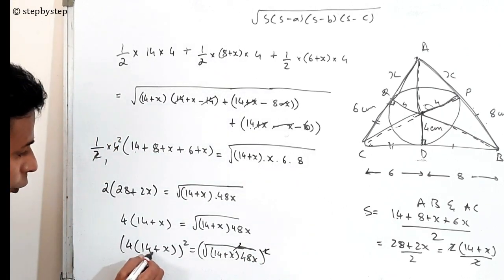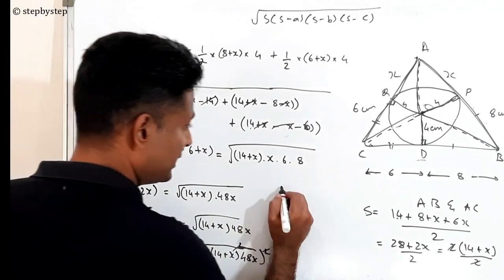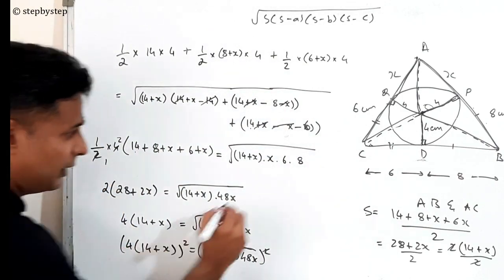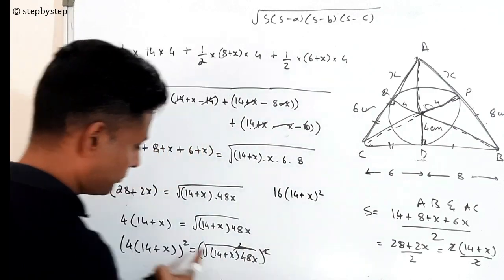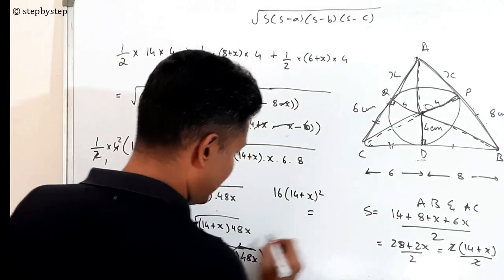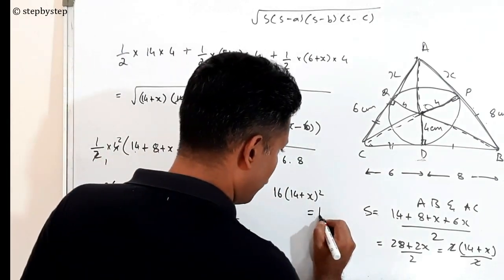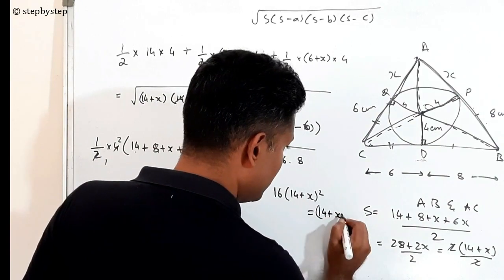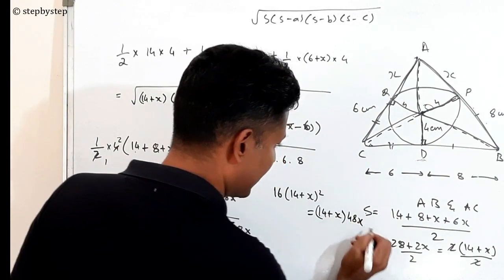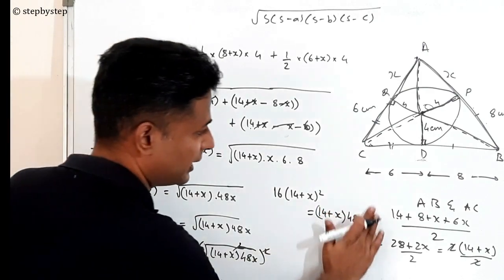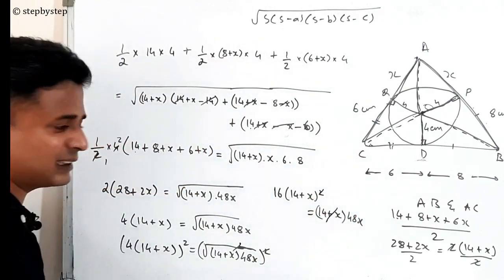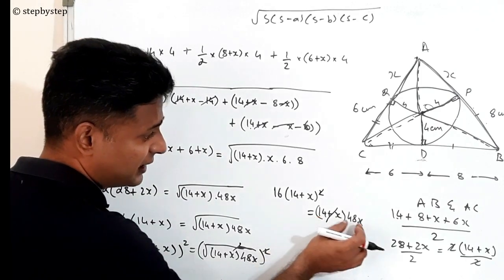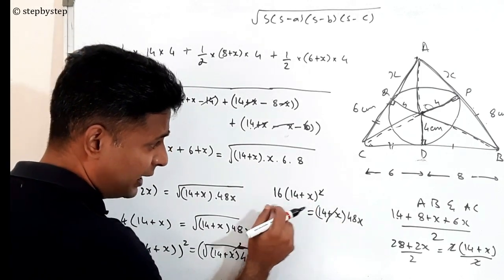Here I get 4 into (14 plus x) whole square, which is 4 square, that is 16 into (14 plus x) square, equal to (14 plus x) into (14 plus x) into 48x, right? Now one (14 plus x) and one (14 plus x) will cancel. Why? Because here it is this into this, and when I transpose it to the other side, it goes down.